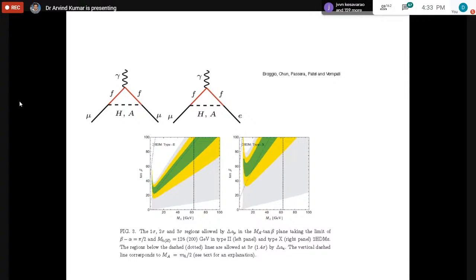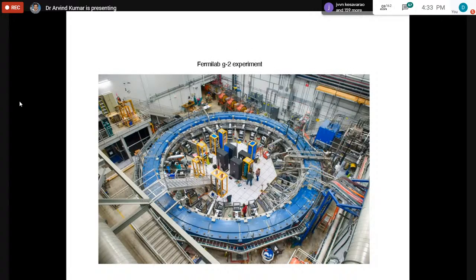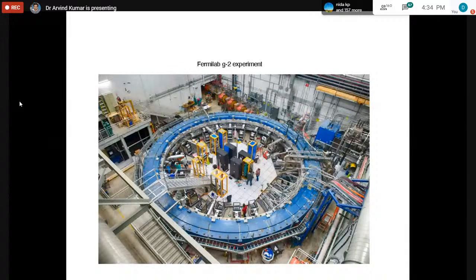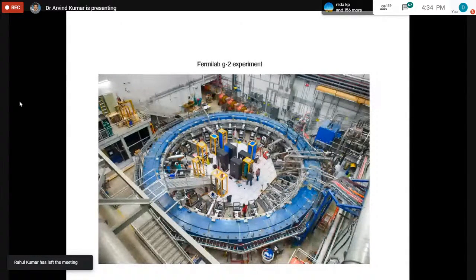Okay. Next slide. So this is the G-2 experiment at BNL, which was transported. If you have time, look at how this BNL magnetic ring was transported from the East Coast to Chicago. Actually, it was transported on road, not by plane or anything, because it's a huge magnet.